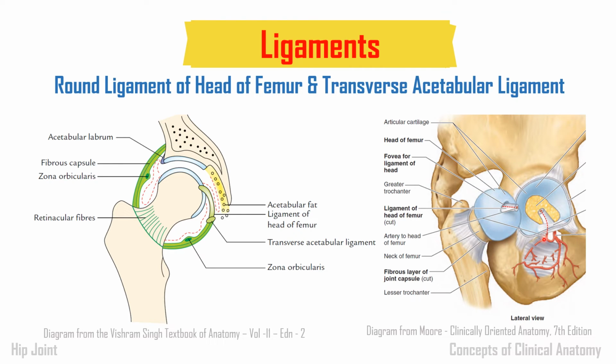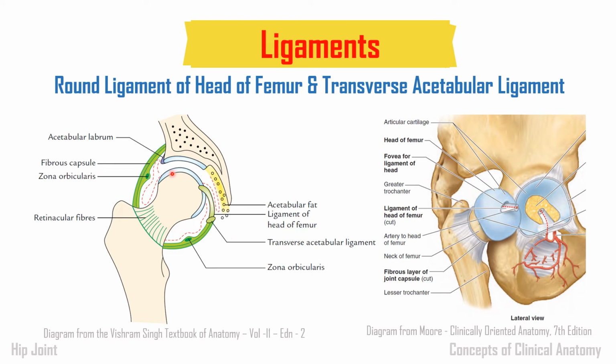This is not a ligament which increases the stability of the hip joint. Instead, it allows the transmission of the artery to the head of the femur. Morphologically, this is actually derived from the capsular ligament, but is placed within the hip joint. So this is completely lined by the synovial membrane.